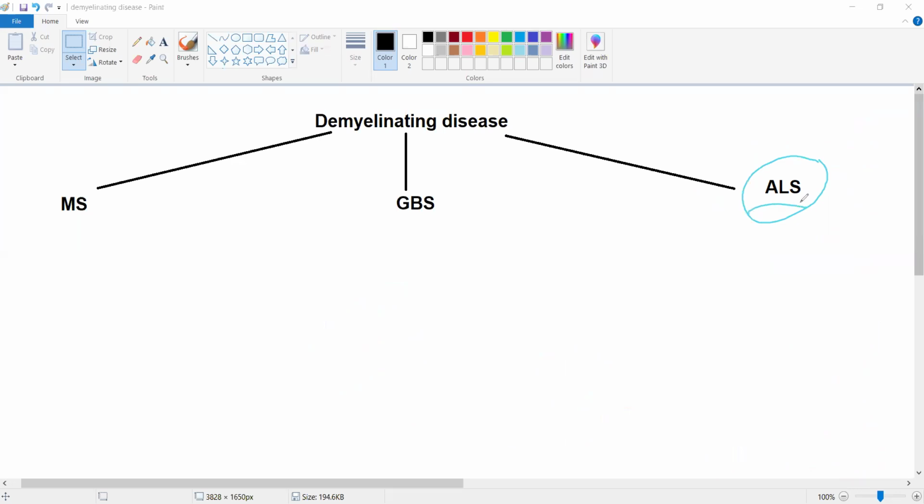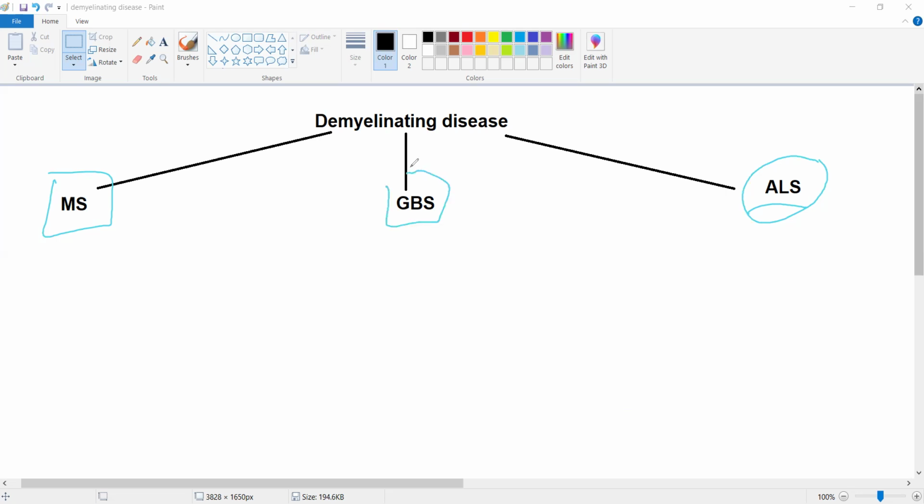These are some high yield demyelinating diseases for the USMLE Step 1. First is MS, multiple sclerosis. Can anybody tell which cells are damaged in multiple sclerosis? Schwann cells or oligodendrocytes? Oligodendrocytes.